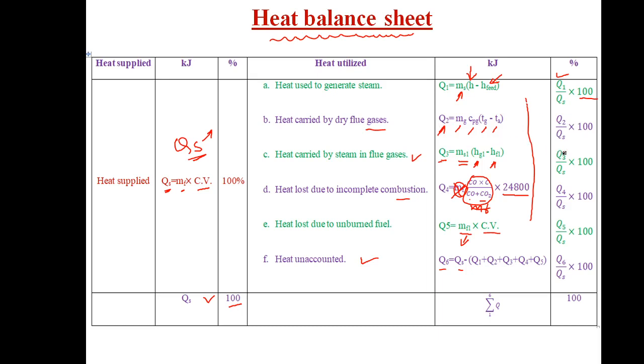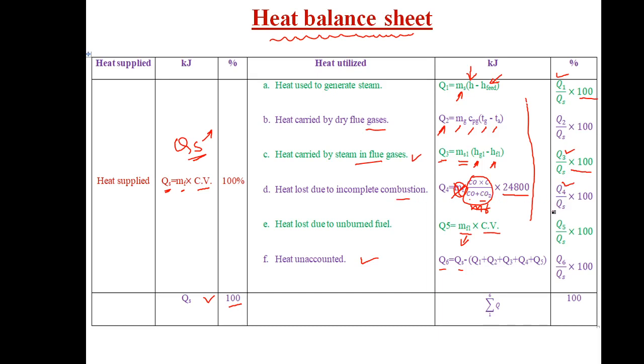Then Q3 is the amount of heat carried by steam in the flue gases. Then how much percentage of heat is carried? So Q3 divided by again Qs, the total amount of heat supplied, gives us the amount of heat carried by steam in flue gases. Say, for example, Q4 is the amount of heat energy lost due to incomplete combustion.